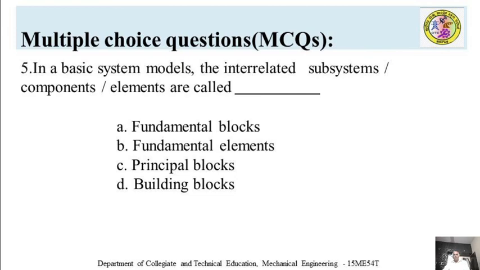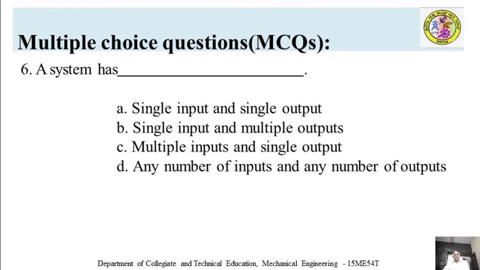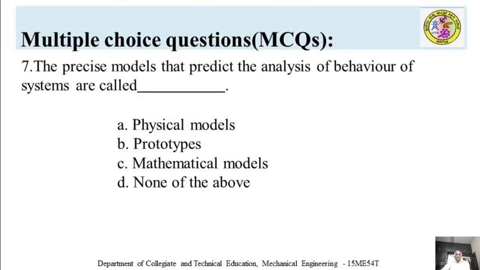In a basic system model, the interrelated subsystems or components or elements are called building blocks. A system has dash, so it can have any number of inputs and any number of outputs. The precise models that predict the analysis of behavior of the system are called mathematical models.